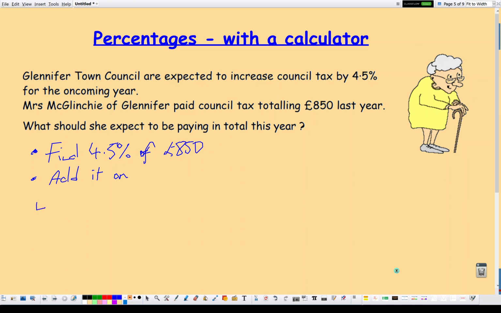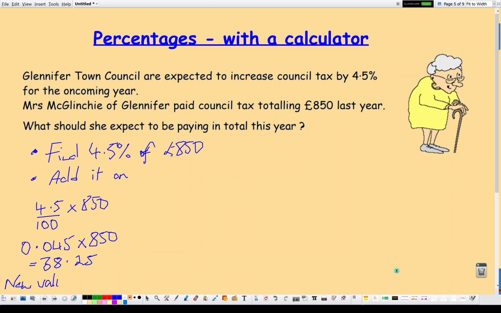So we could have done 4.5 divided by 100 times 850, so that's going to be 0.045 times 850, which gives me that £38.25, and then we'd say the new value is 850 plus 38.25 to give me 888.25, right? That's fine.